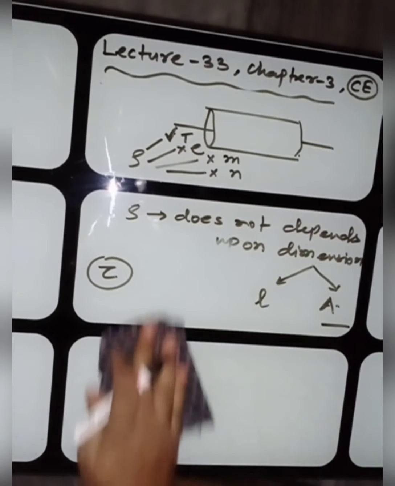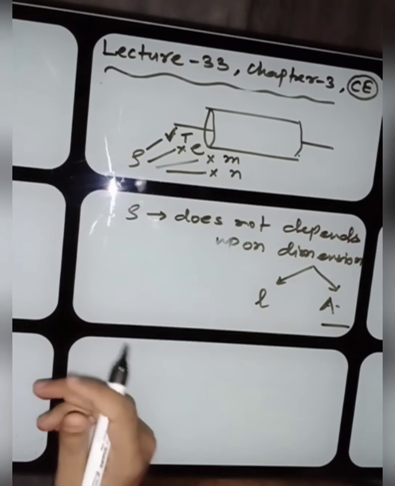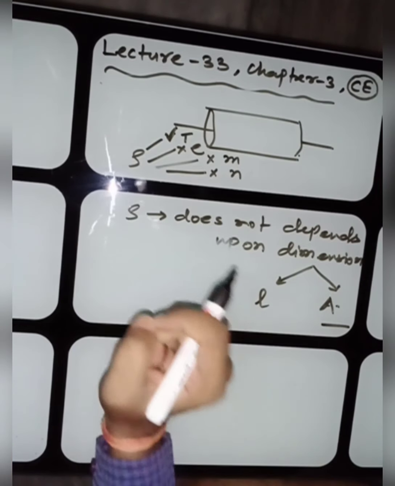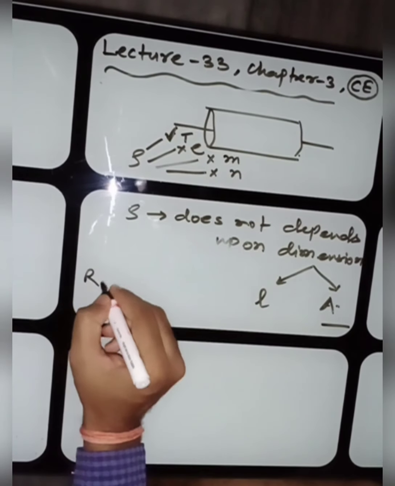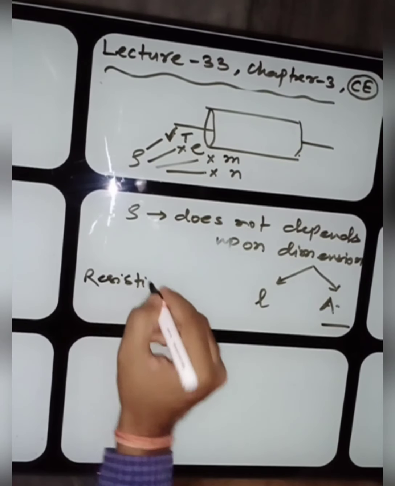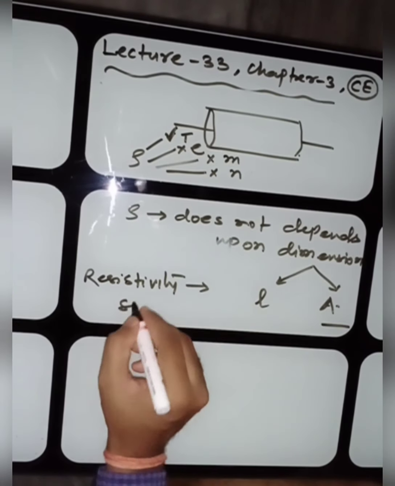Now my dear students, what does this resistivity mean? In the very simplest definition, resistivity is also termed as specific resistance.